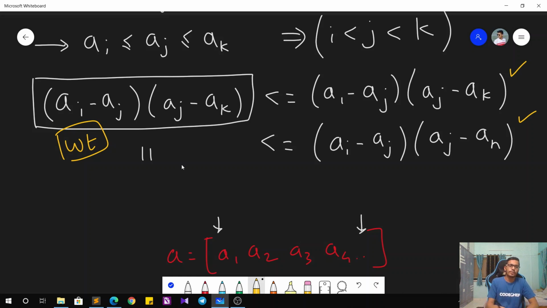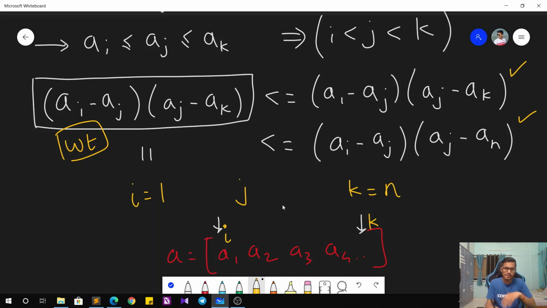the weight is guaranteed to exist for I equal to 1 and k equal to n. Okay, so the optimal solution lies for j in between 1 and n. So we for sure now know that if we fix I as the first element and k as the last element, the answer is going to be for this assignment only.